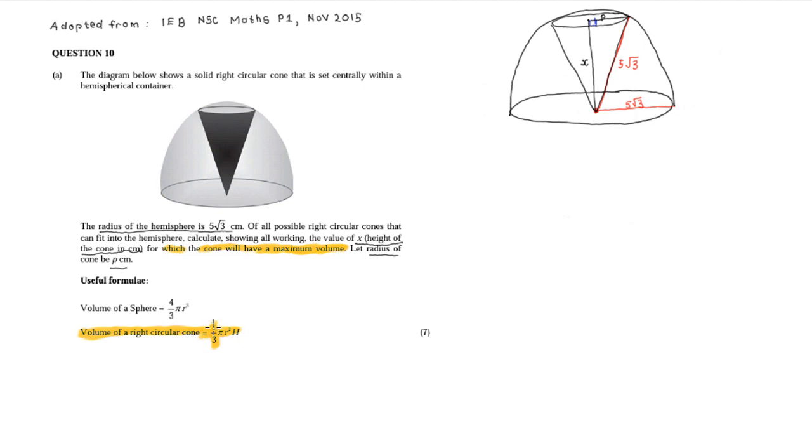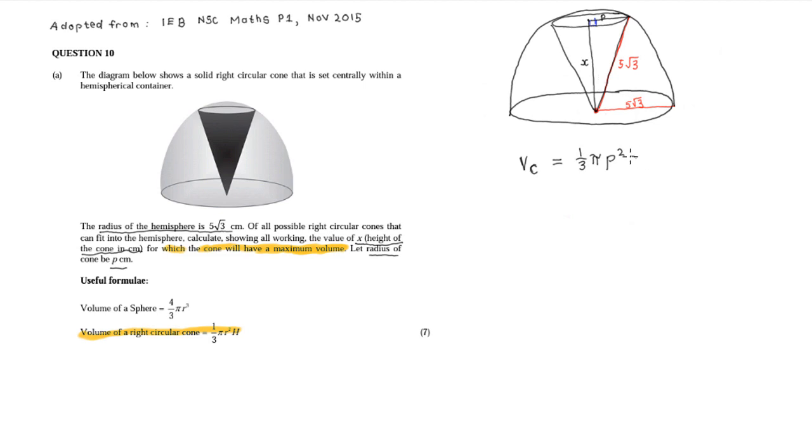We're going to have to modify this expression a little so that we work with the variables they gave us. I'm going to call the volume of the cone VC, and this is equal to 1/3 pi times its radius p squared, times its height, which is represented by x in our situation.